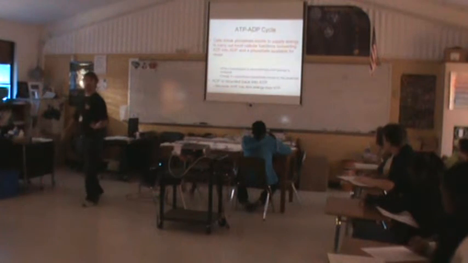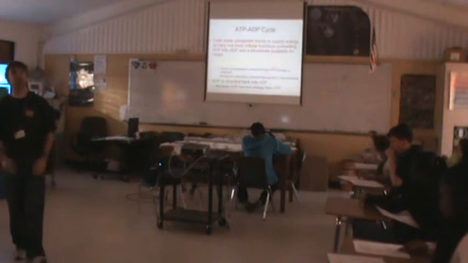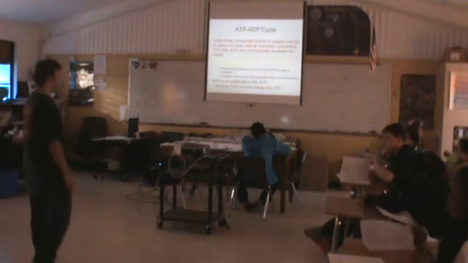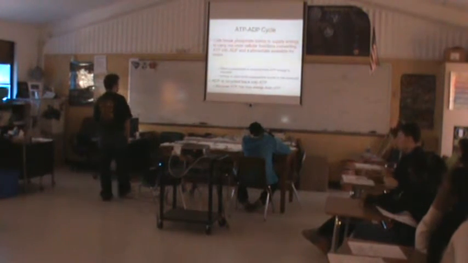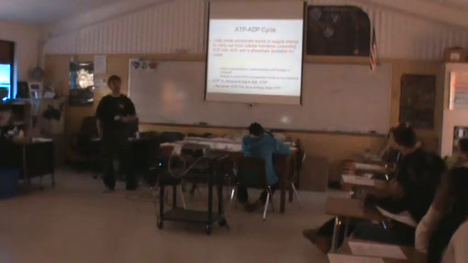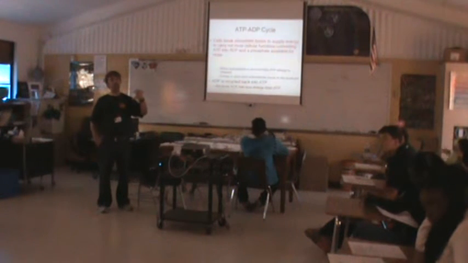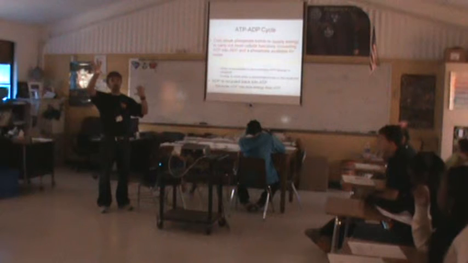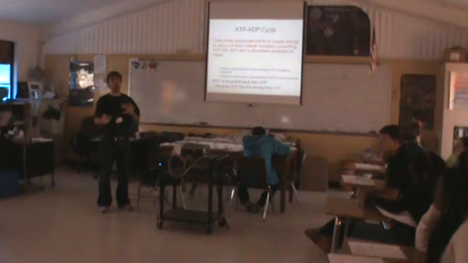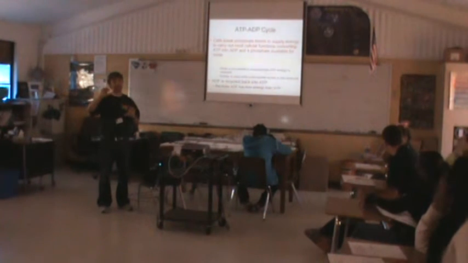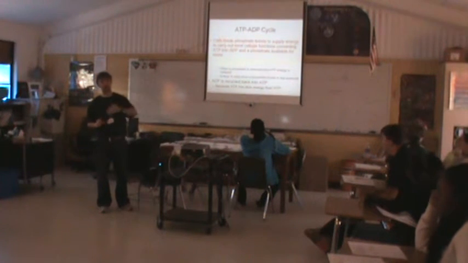So just like those papers that you throw away, the bottles, the aluminum cans you put in the recycling bin, just like they're reused and turned back into plastic or aluminum or whatever, ADP is recycled back into ATP. So ATP is formed, transfers the energy somewhere, bonds are broken, energy is released, it's now ADP. Energy is used to form that bond to turn ADP back into ATP, and then it's used again.